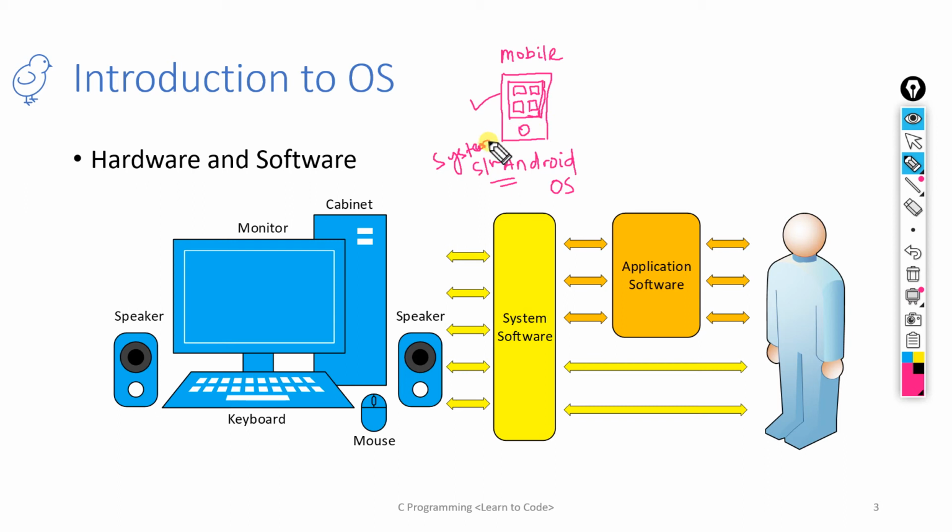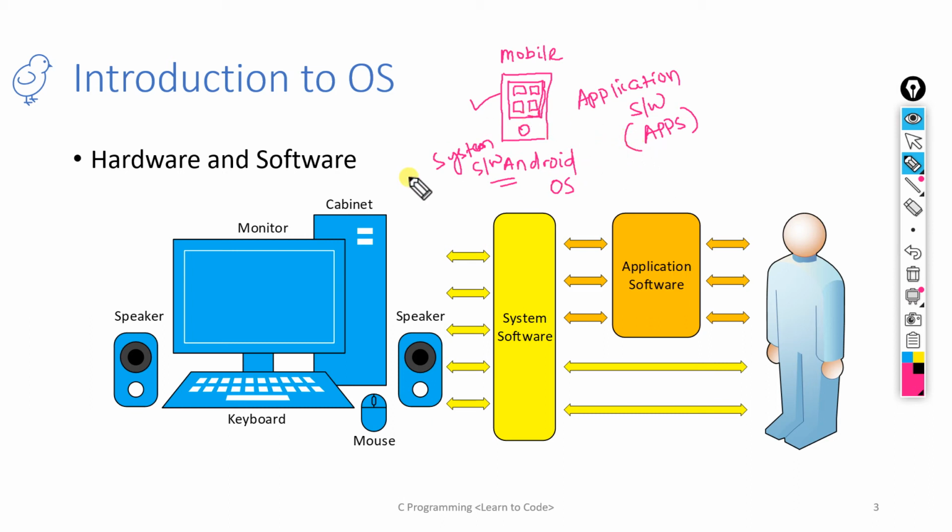Similarly, if you want to transfer money to a friend, then you may use Paytm or PhonePe or Google Pay. Those are specific applications to perform specific tasks. Those are actually called application software, okay. And in the case of mobile systems, those application software are called apps, right?